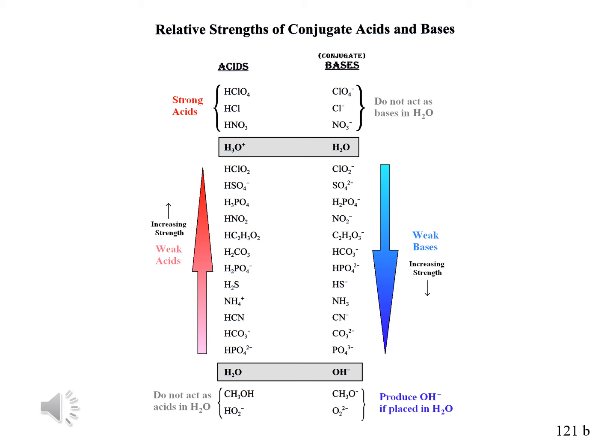In the last class, we looked at the fact that as acids become weaker, their conjugate base becomes stronger, and vice versa. We determine the strengths of weak acids by using the Ka value, and determine the strength of weak bases using the Kb, which you can calculate from the Ka.